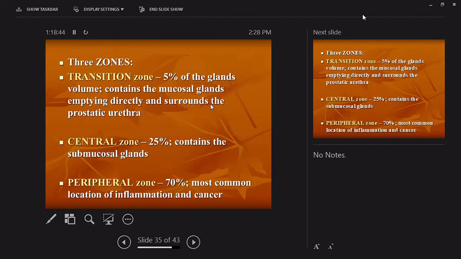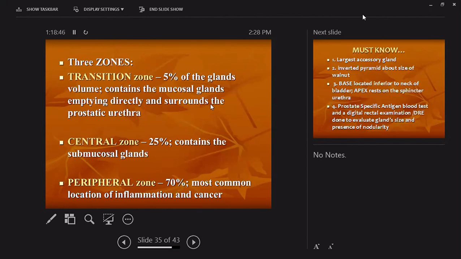There are 3 zones of the prostate gland. You have the transition zone, 5% of the gland's volume, which contains the mucosal glands emptying directly and surrounds the prostatic urethra. So this gives you urination difficulty if it is involved.